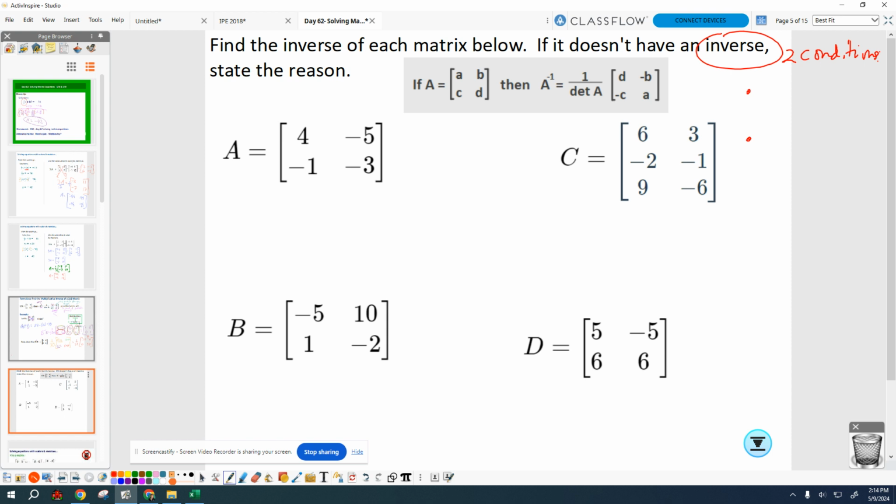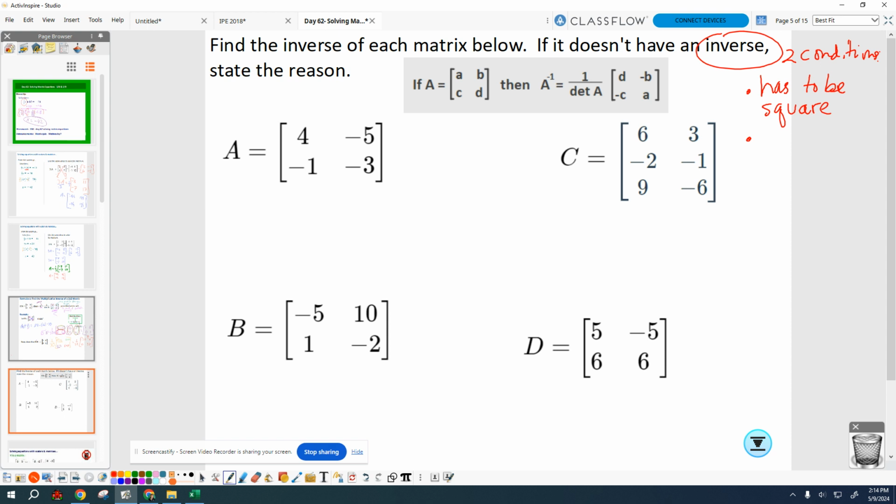Does it have to be a 2 by 2? It has to be square. And 3 by 3, 4 by 4. And in this class, we're gonna top out at a 3 by 3. We're gonna use a calculator for it. So it has to be square.